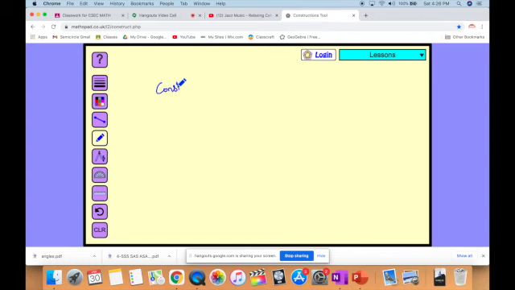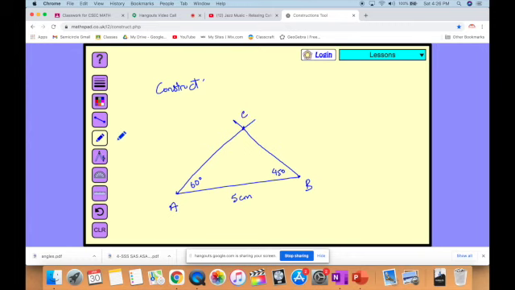Construct this. When you construct it, they'll meet at the point C, and I want you to measure the length of AC and BC. So measure this length here, AC.